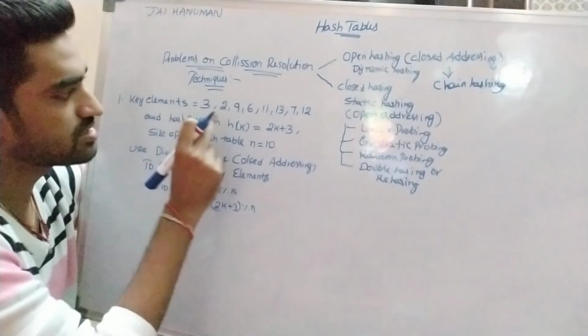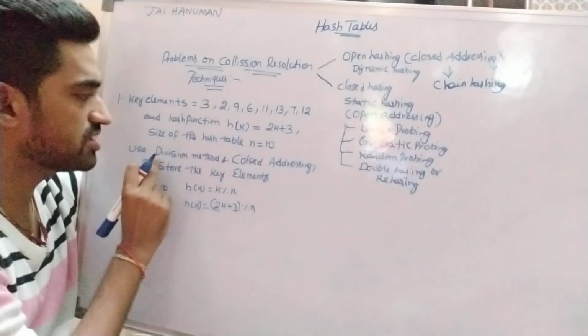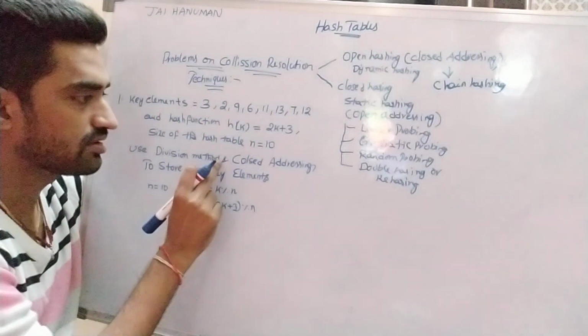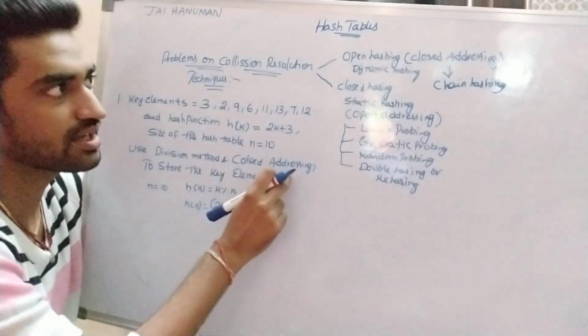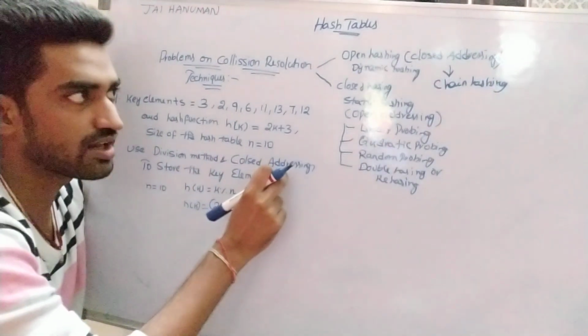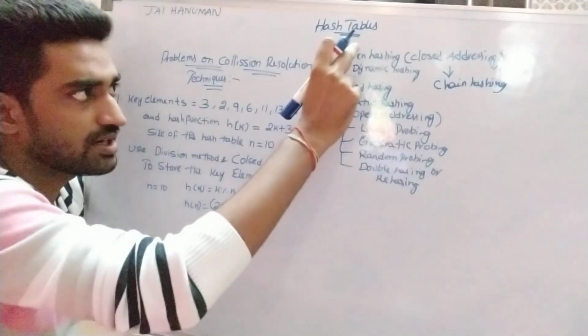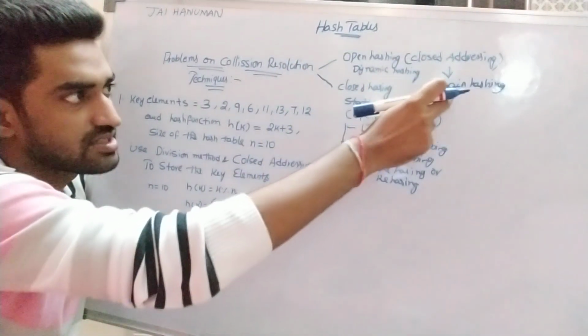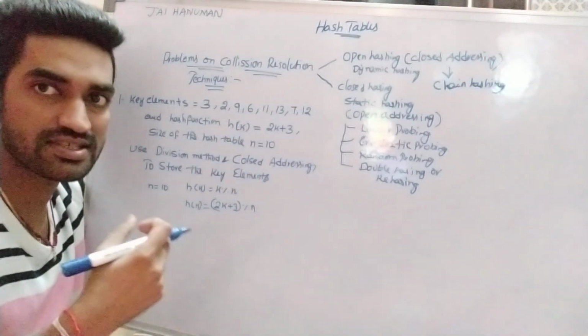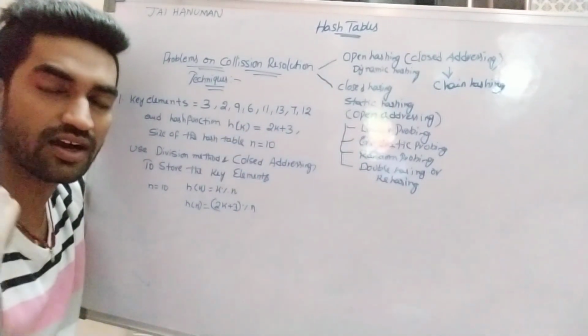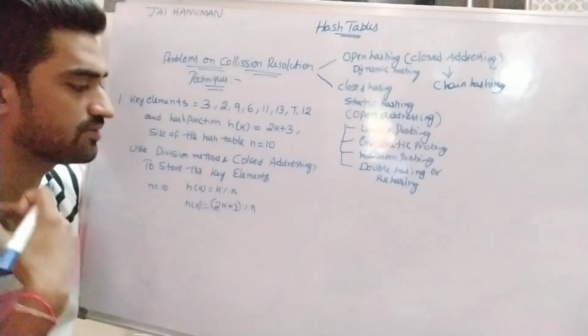Then we are inserting all the key elements using the division method and closed addressing mechanism. What is the closed addressing mechanism? Closed addressing is also called as open hashing, right? To implement the open hashing mechanism, we use chain hashing. In chain hashing, the entire data can be represented with the help of a linked list format, right?